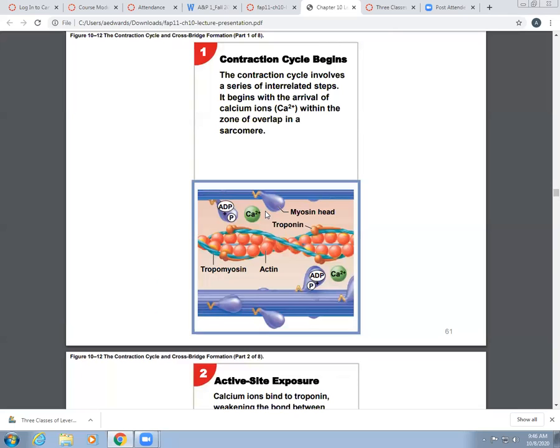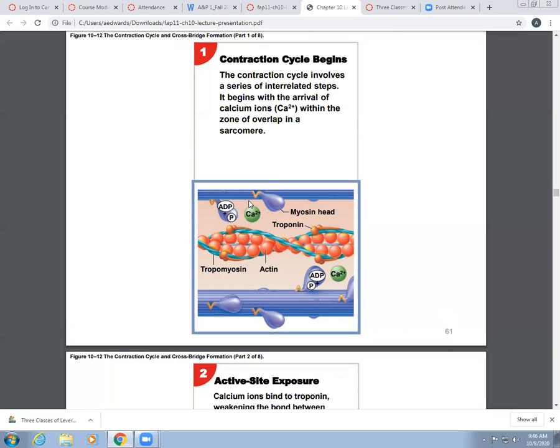All right, so contraction cycle begins. There's that calcium. It was released from the terminal cisternae. This is in the zone of overlap. So remember, you have your actin and your myosin, your thin and thick filaments.